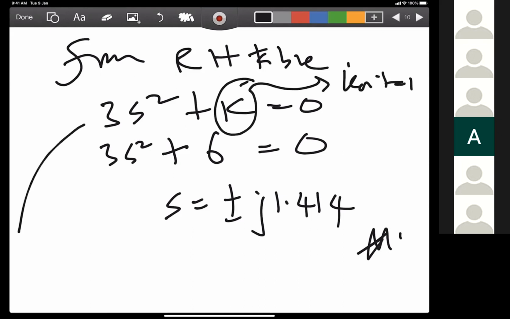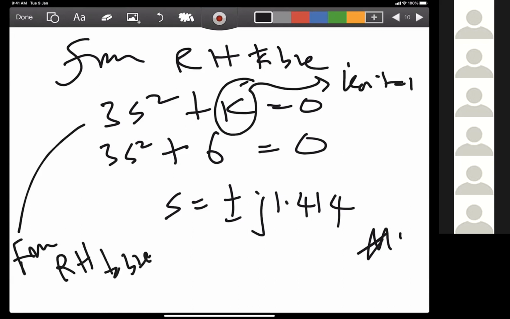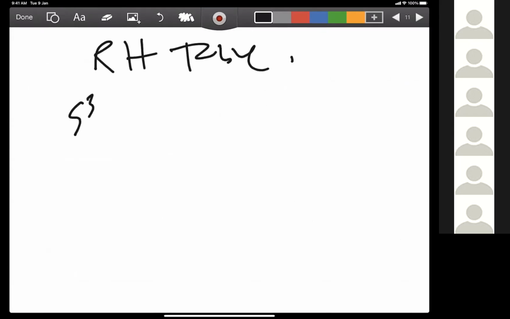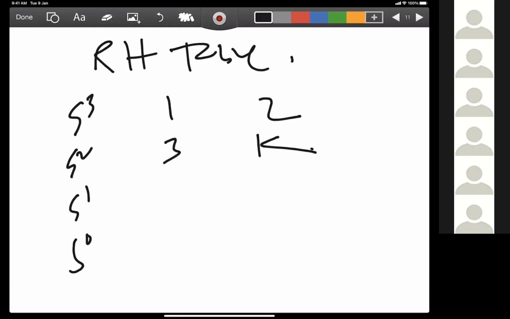You have to construct the Routh table: S cubic, S squared, 1, 2, 3, K, (6 minus K) over 3, 0, K, 0.